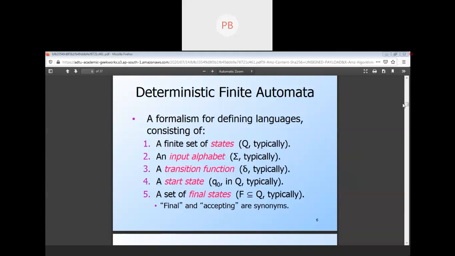Sir, 2 to the power 1? How? From where does 2 to the power 1 come?